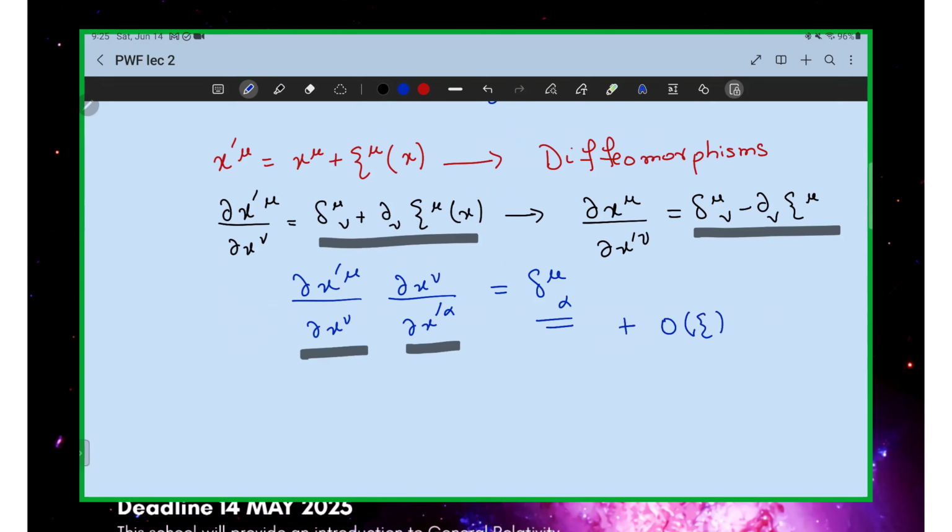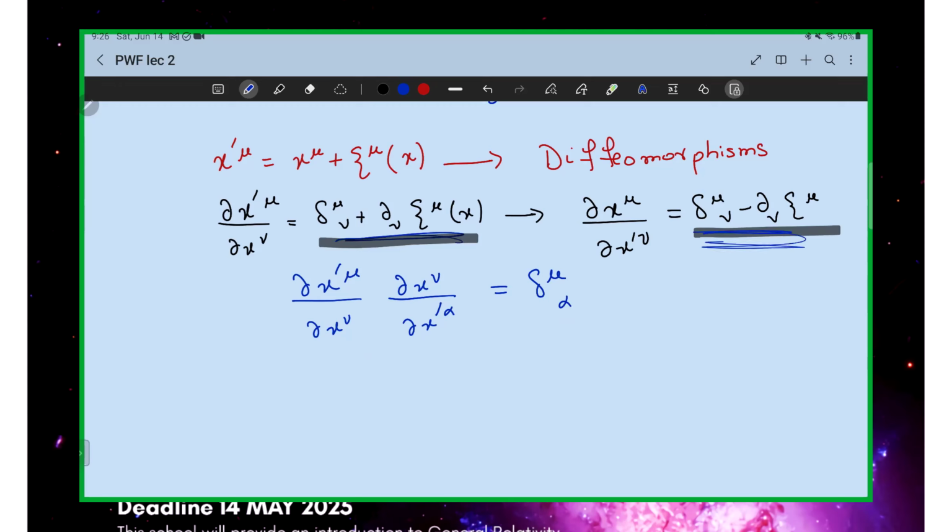You may get some non-zero epsilon square terms, but we don't care about them. We want this thing up to, sorry, not epsilon, xi order. This is order xi, yeah. And this is true to order xi if you use these two expressions.